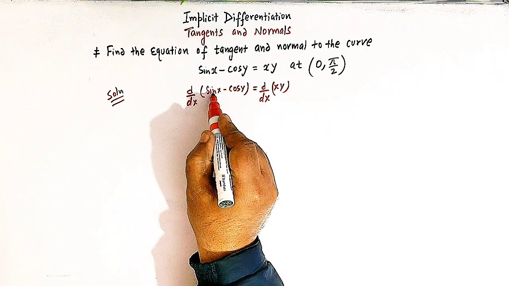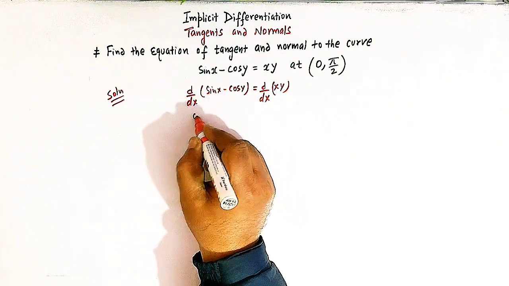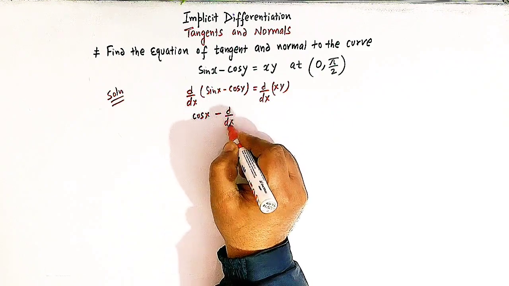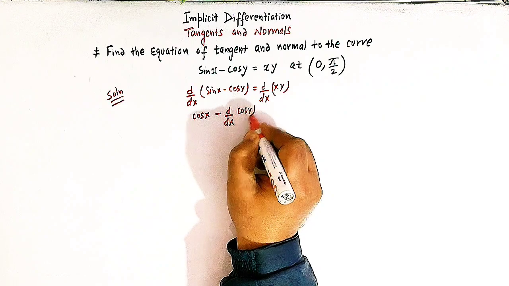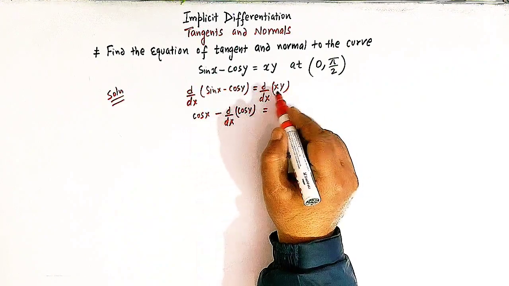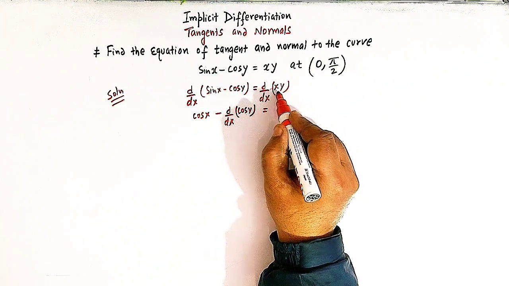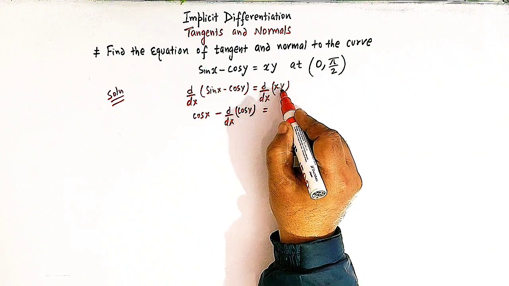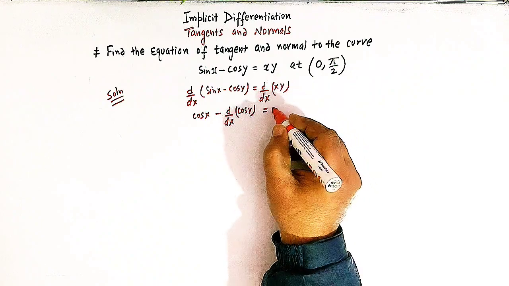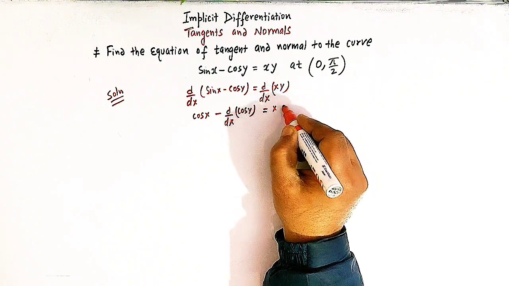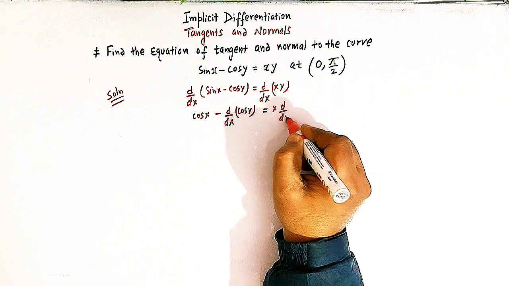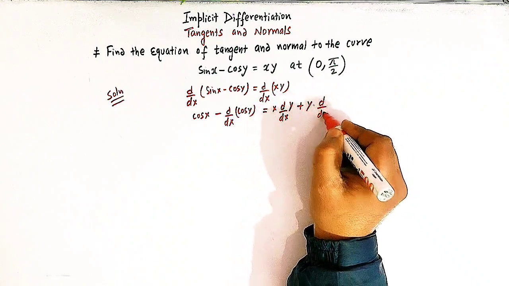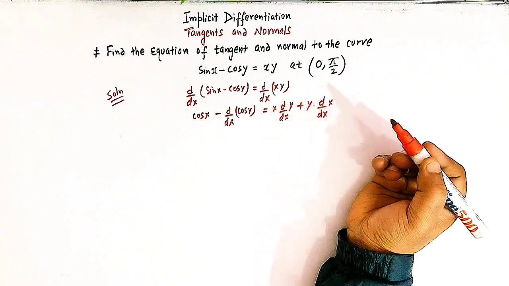So the derivative of sin x with respect to x is simply cos x, and then we have the derivative d by dx of cos y, and here we can apply the product rule, right? So here we can take x as the first function and y as the second function. So we have x, then derivative of y, then we have y and derivative of x, right?